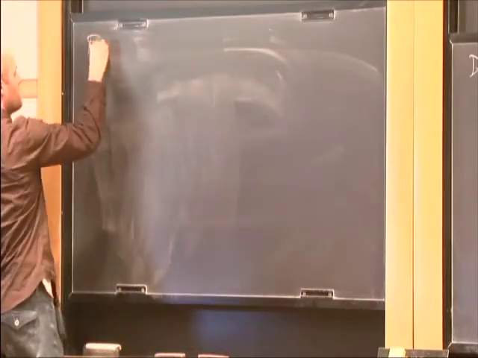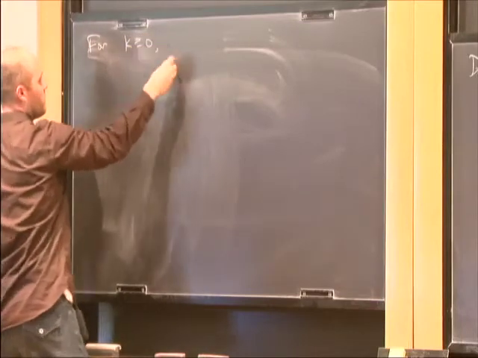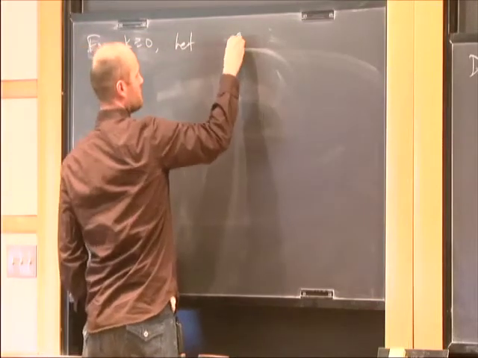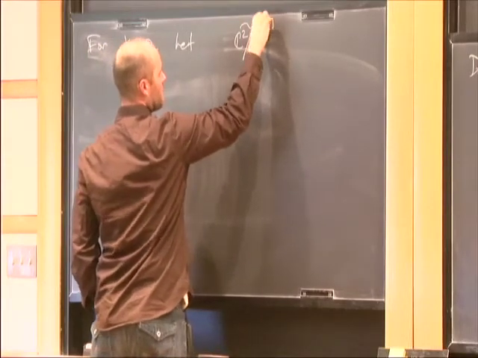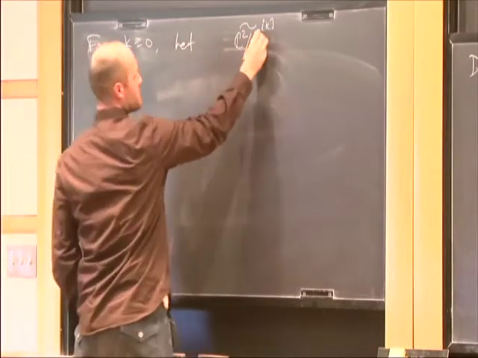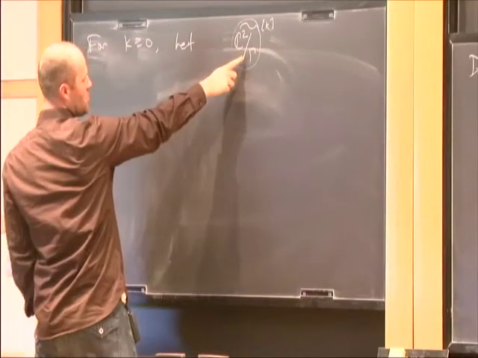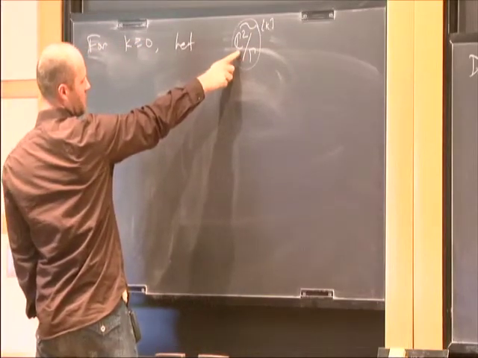So say for k greater than or equal to 0, let's let X be C2 mod gamma. This is a smooth manifold of real dimension 4.